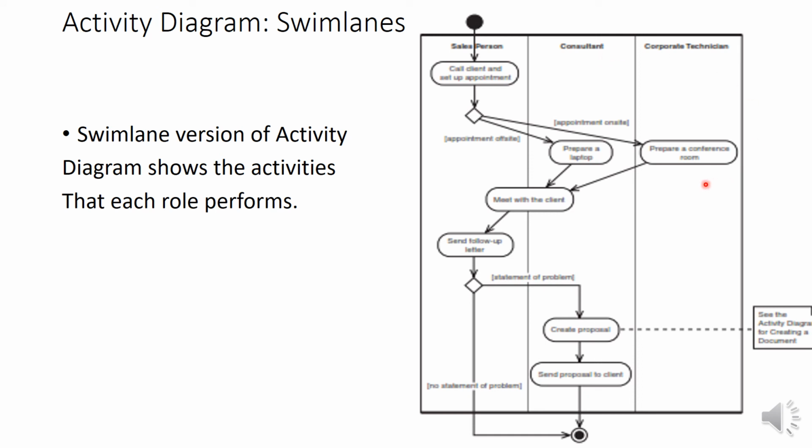Prepare a conference room, a corporate technician will be responsible for this activity. So in the swim lane version, swim lanes provide the ability to expand and show who has the responsibility for each activity in our process. Thank you.